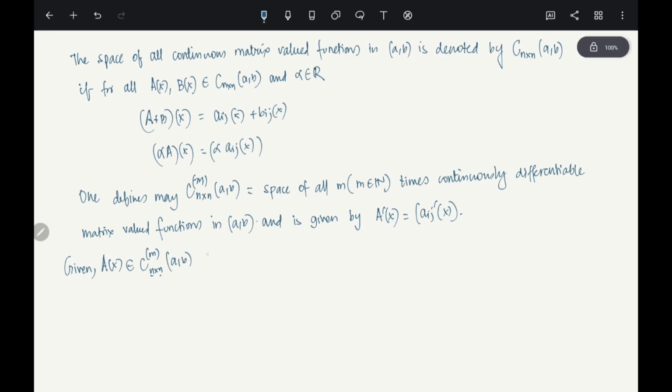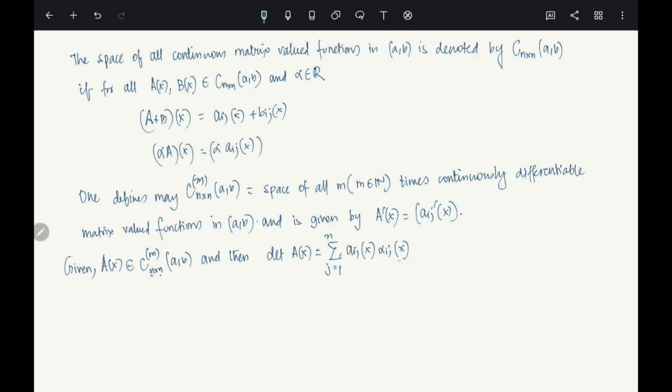Okay. So if we start with the A(x) which lies in this space, how do you find the determinant of A(x)? The determinant of A(x) is nothing but the summation over j equals 1 to n of a_ij(x) alpha_ij(x), right? Yes, we can write it like this, right?